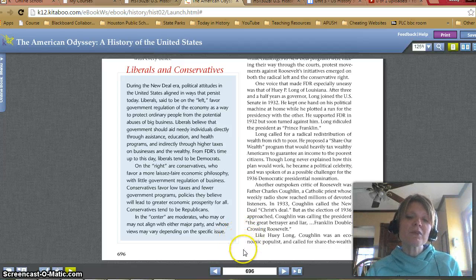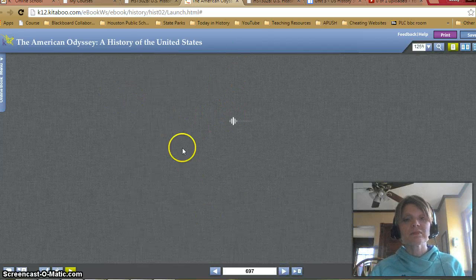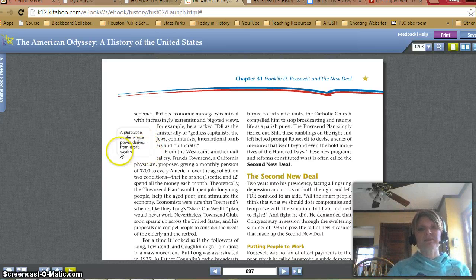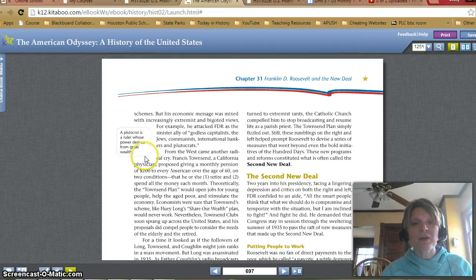Like Huey Long, Coughlin was an economic populist and called for a share-the-wealth scheme, but his economic message was mixed with increasingly extremist and bigoted views. For example, he attacked FDR as a sinister ally of godless capitalists, the Jews, communists, international bankers, and plutocrats. And look on the side here, a plutocrat is a ruler whose power derives from great wealth.